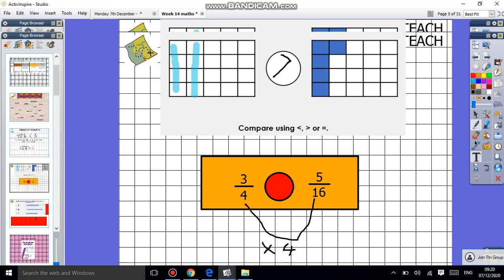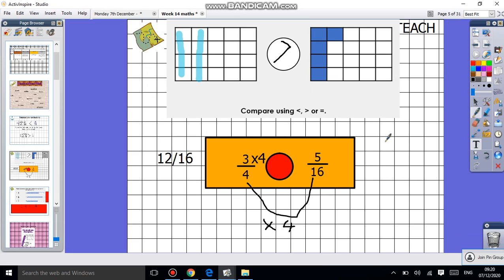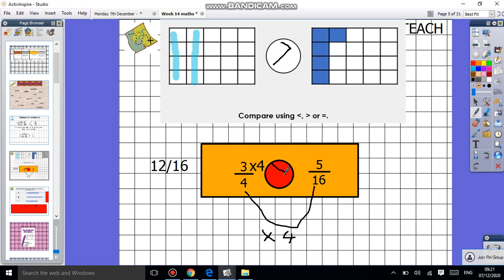And then I have to do the same to my numerator as I've done to the denominator, so I'm going to do 3 times 4. Okay, so 3 times 4 is 12, and of course 4 times 4 is 16. So 3/4 is the same as 12/16. I can see that 12/16 is clearly bigger than 5/16. So my crocodile will be eating that one.